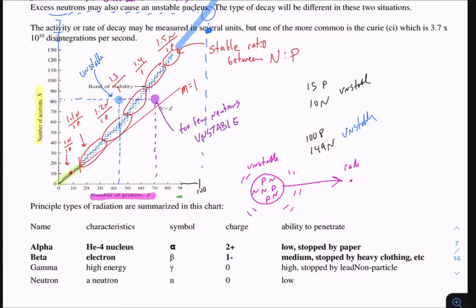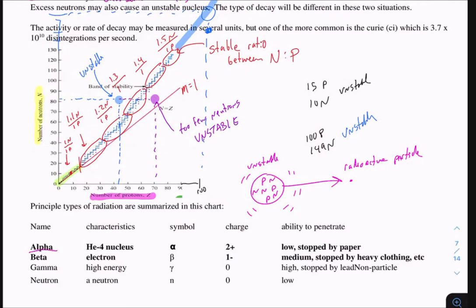A radioactive particle. And we talked about these radioactive particles when we talked about Rutherford, how Rutherford used alpha particles, and how he also studied beta particles and gamma. So to classify the particles that could be shot out of the nucleus, essentially there's these types right here.